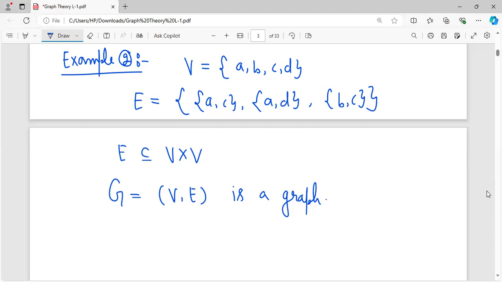So how to draw this picture? What is the picture of G?